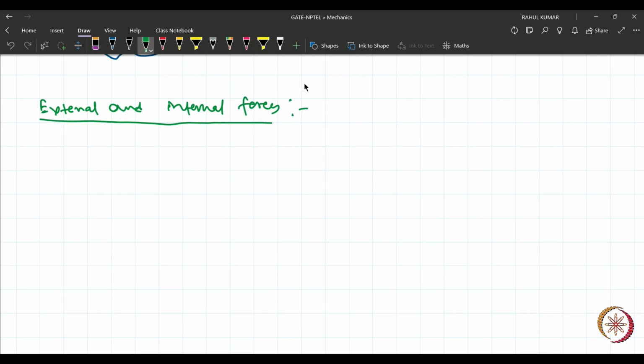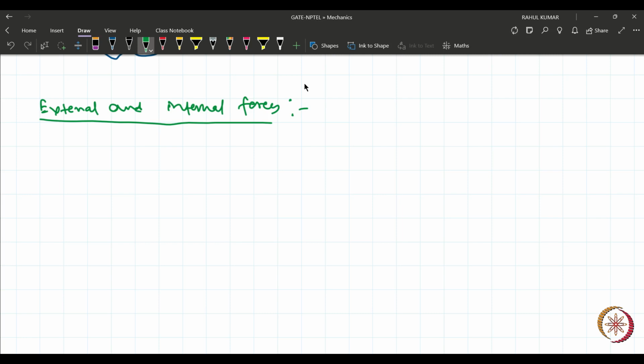Can somebody tell me what are external and internal forces? Sir, the forces which are acting external to the body are called external forces.